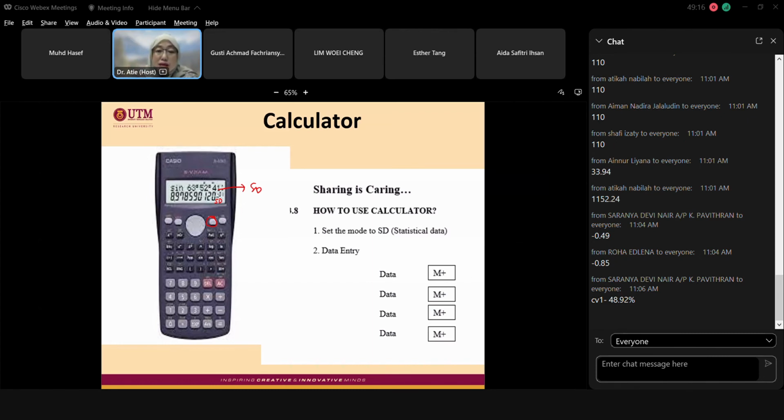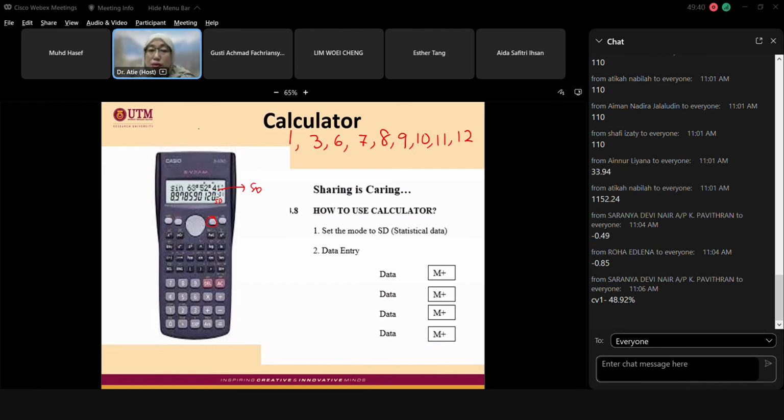Remember our data, we have 1, 3, 6, 7, 8, 9, 10, 11, and 12. So we have 9 values, the n is 9, right?